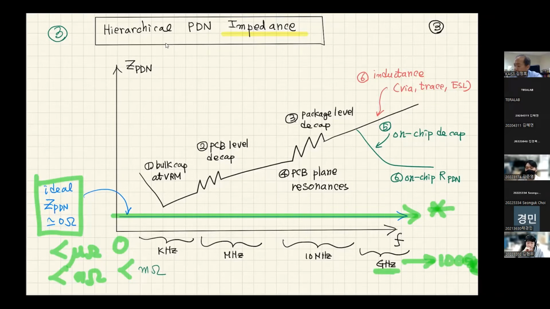The second observation I would like to stress emphatically to you is that impedance goes constantly higher at higher and higher frequency ranges because of inductance.